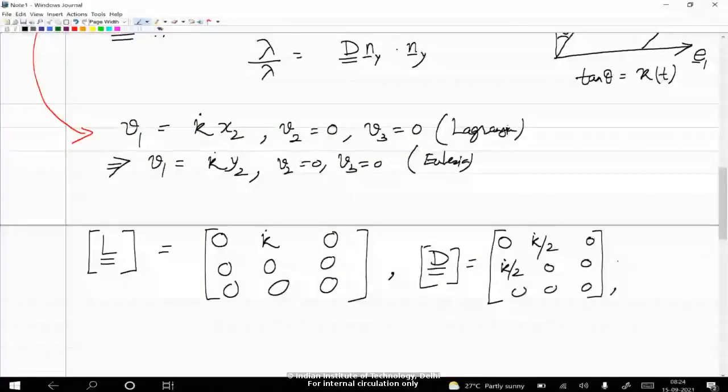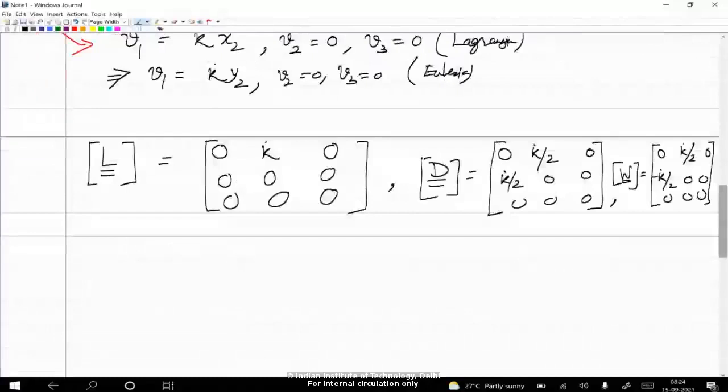Okay? And then the spin tensor W, that's going to be 0, k dot by 2, minus k dot by 2, 0, 0, 0, 0, 0, 0. Okay, that's the spin tensor W.